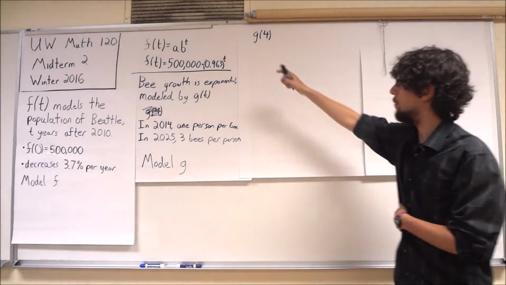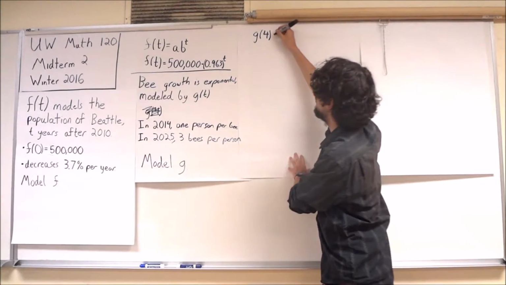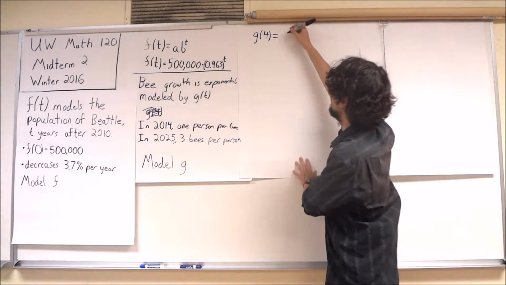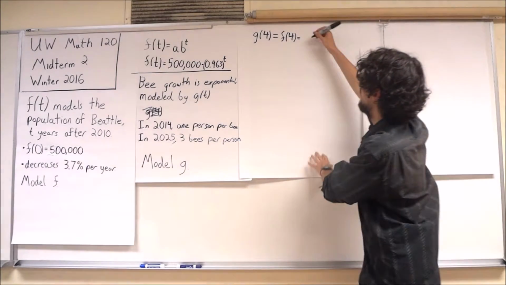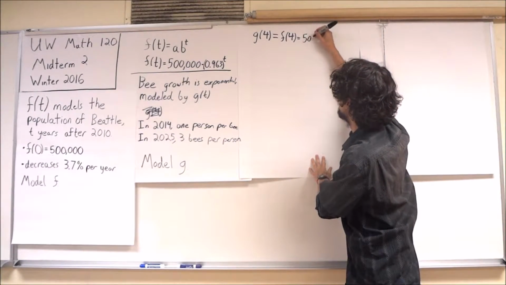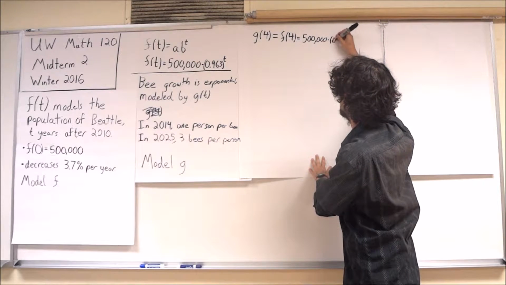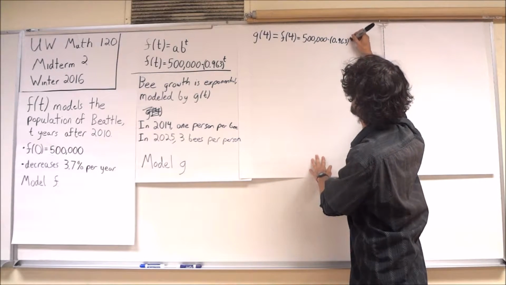This is the population of bees in 2014. It is equal to the population of people in 2014. And what is f of 4? Well, it's 500,000 times 0.963 to the 4th.